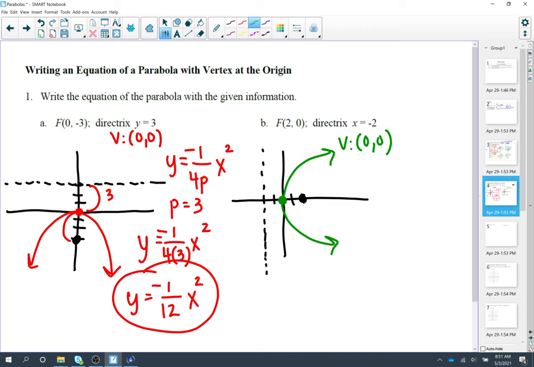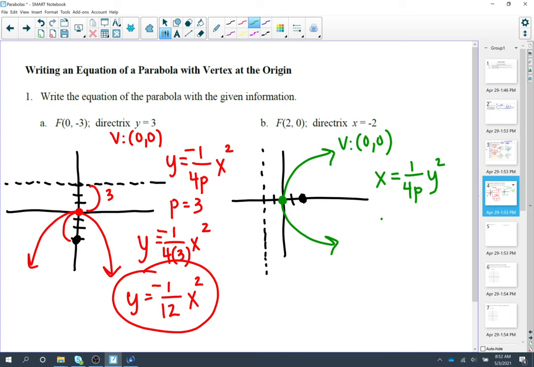Now, if your parabola is opening left or right, this is no longer a y equals equation. It now becomes an x equals equation because it's opening left to right. Everything else is pretty much the same, 1 over 4p, and now instead of x squared, we're going to have a y squared. It is opening to the right, the positive direction, so we know this 1 over 4p is going to remain positive.